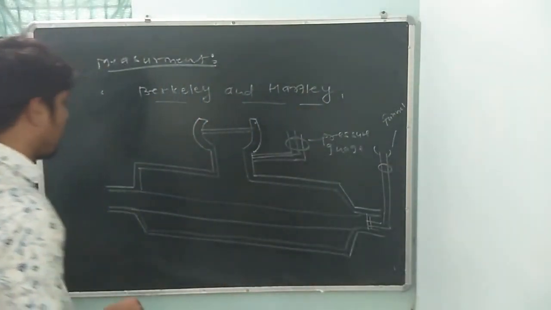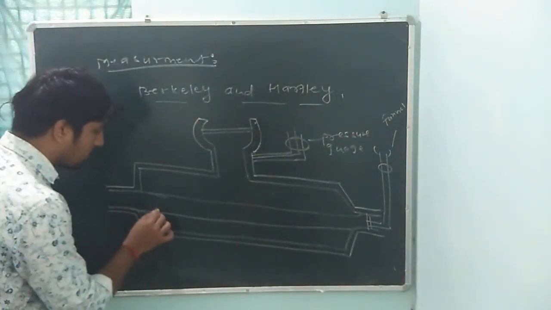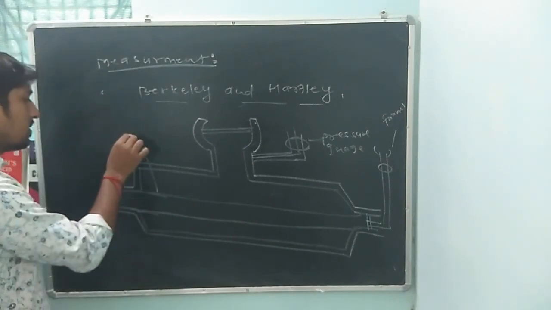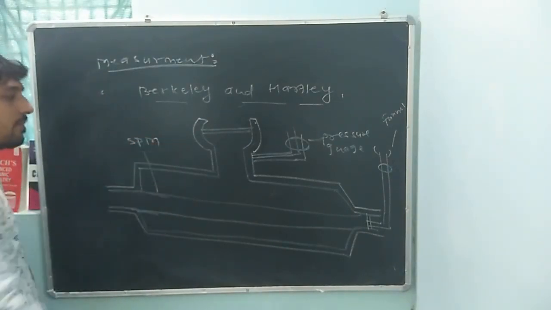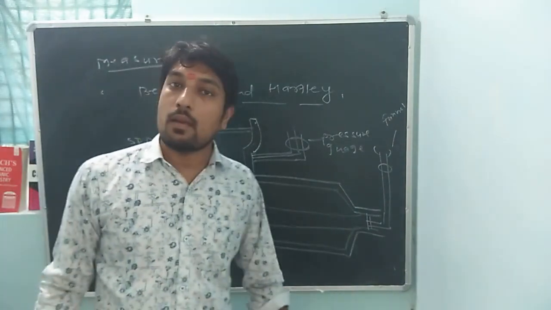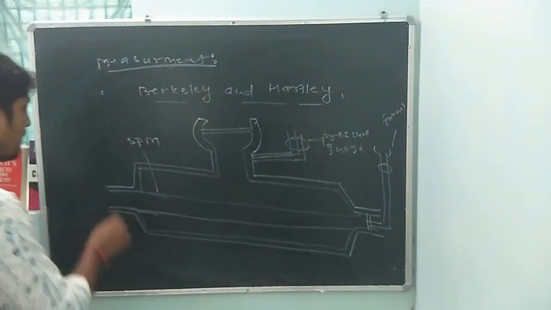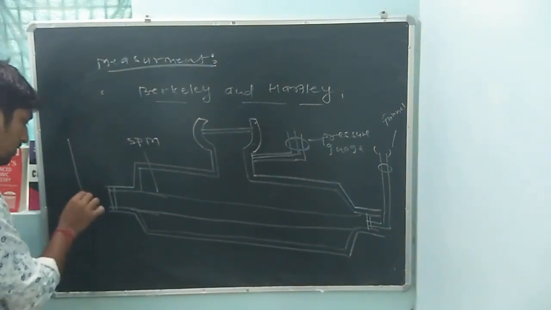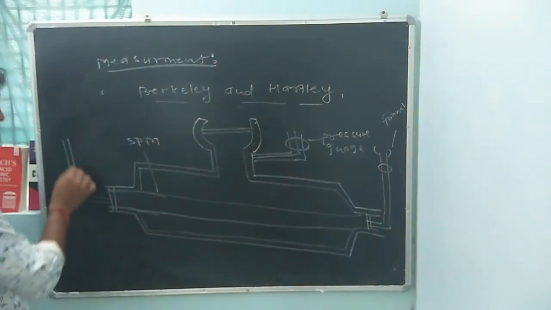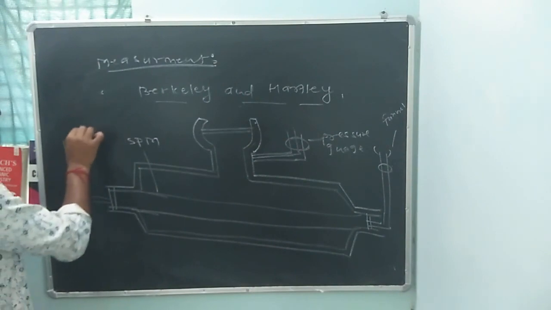Then what is this? They are both semi-permeable membranes, an artificial semi-permeable membrane, and the name of this is copper ferrocyanide. Then there is a capillary tube.